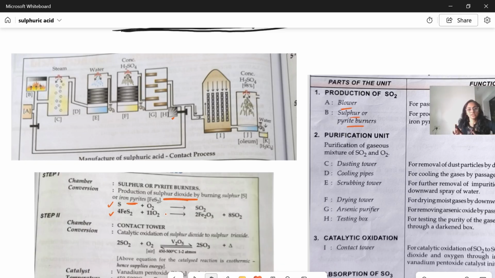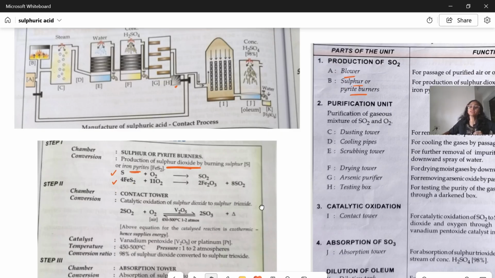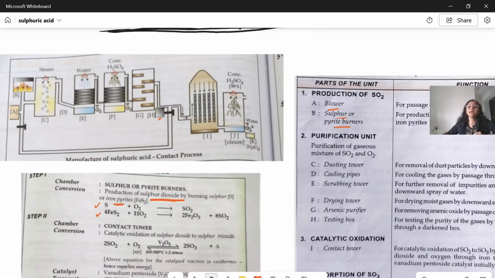So that's the first step. But when sulfur and oxygen, or iron pyrite and oxygen, are burnt to produce sulfur dioxide, impurities are also produced. Those impurities are mostly pyrite dust.